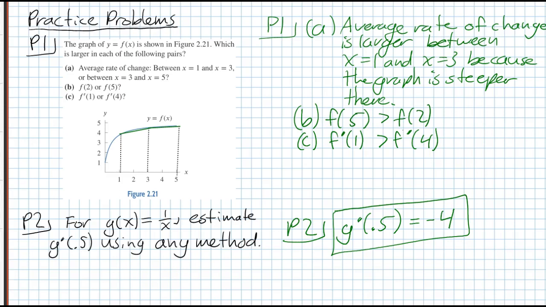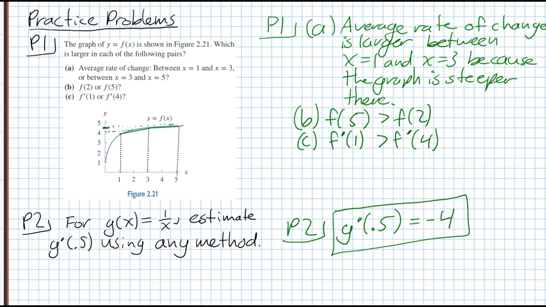And for B, f of 5 is just the y coordinate that you get when x is 5, and f of 2 is the y coordinate that you get when x is 2, and you can tell it's a little bit higher here because it's going uphill from left to right. Your y coordinate when x equals 5 is a little bit greater.